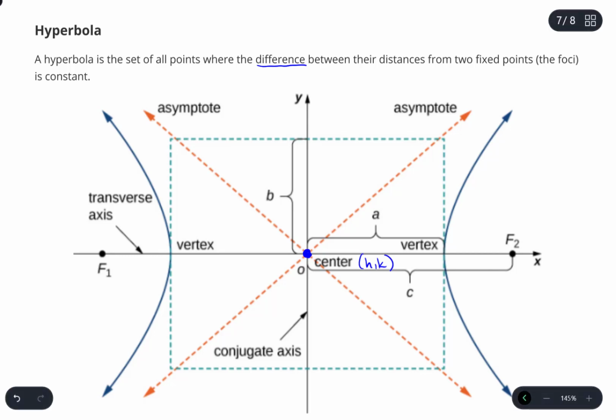Then we have the distances a and b. I would like to be able to call them the major and minor axis, but unfortunately these are labeled the transverse and the conjugate axis. So those are the distances to the vertices along those.